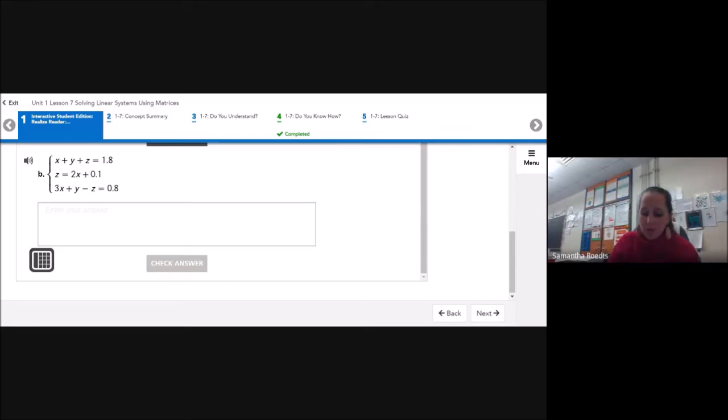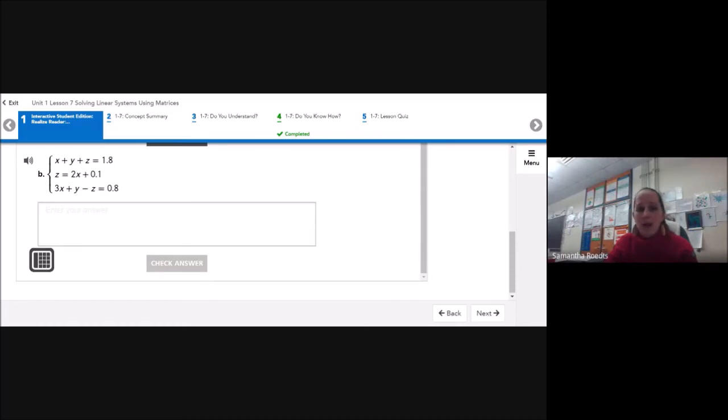So it's going to be -2x plus z equals 0.1. You don't have to do it that way. You could do 2x minus z equals -0.1. It'll give you the same answer. Okay, so all I did was I manipulated this second equation so I had the variables on one side and my constant on the other.